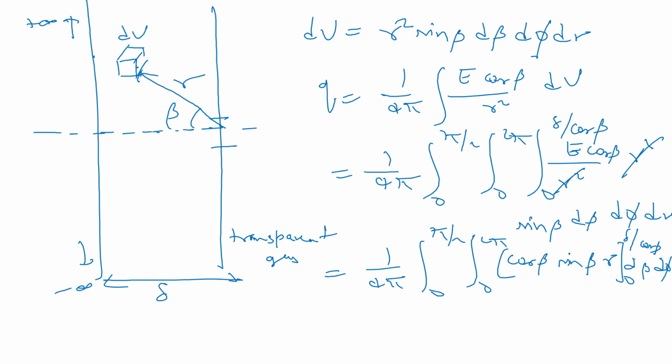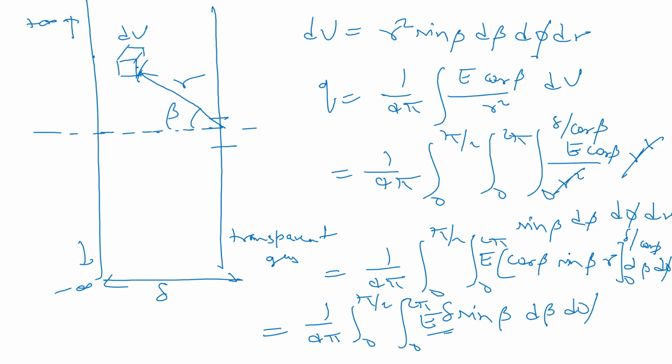So if you put in the values, we will get 1 upon 4 pi integration 0 to pi by 2, integration 0 to 2 pi, E del sine beta. I forgot the E, sorry, E will also be here. If E is constant, it can also be taken out.